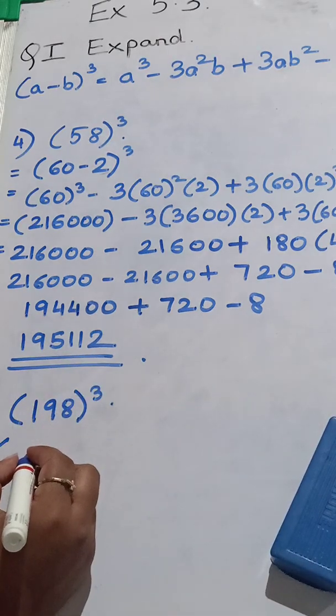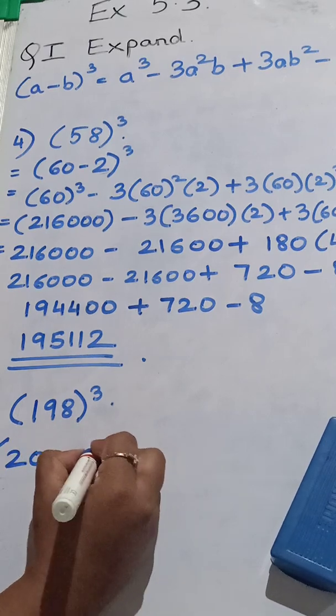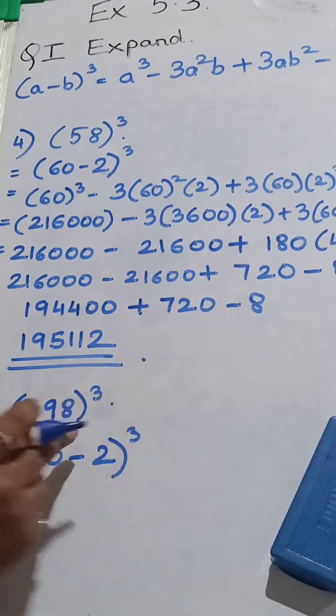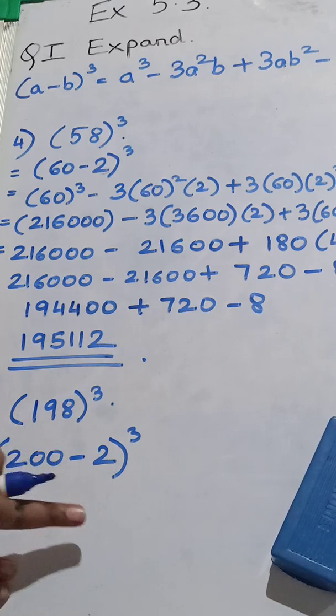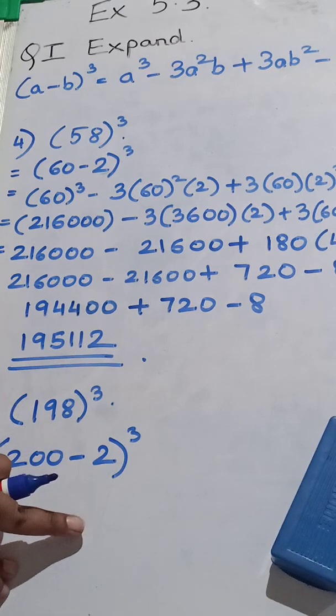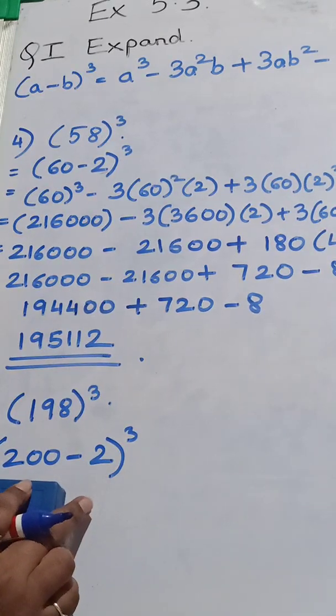Okay, so we need to take it in minus. So we will take it as 200 minus 2, because 200 minus 2 gives us 198. So I want you to do this sum for your homework. So you all are going to do third sum and the fifth sum for your homework. Okay, so now we will continue with the next sum.